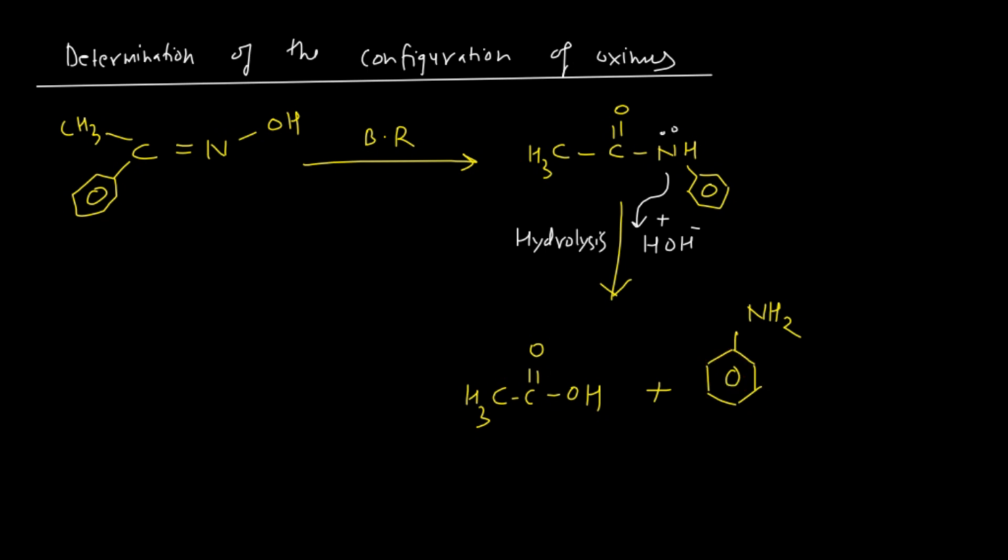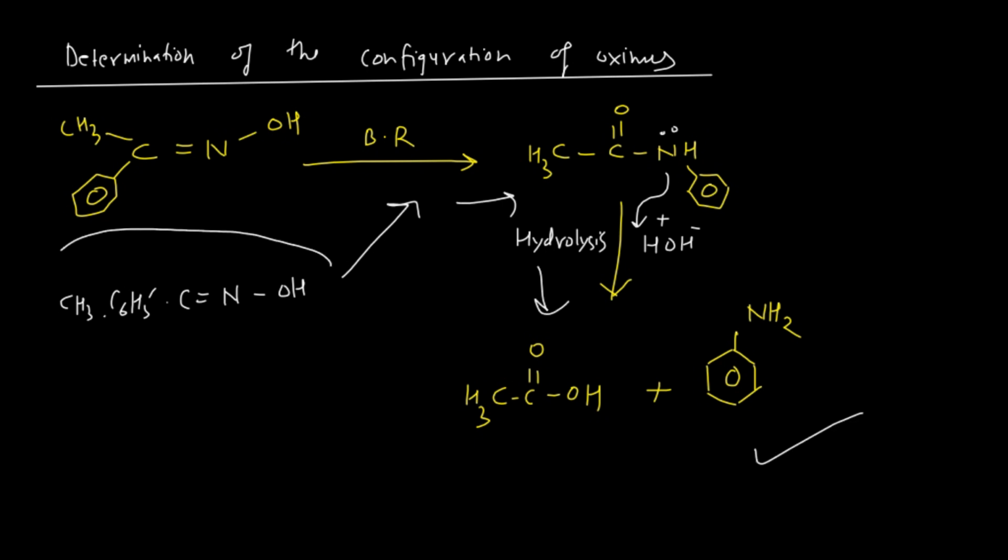So say for example, I have started this reaction in that manner. CH3, C6H5, C double bond N, and then OH. If I do the reaction in that manner, finally I will get this one.